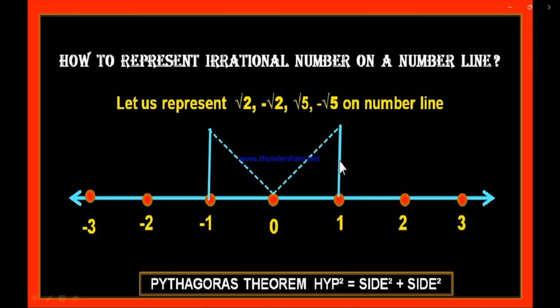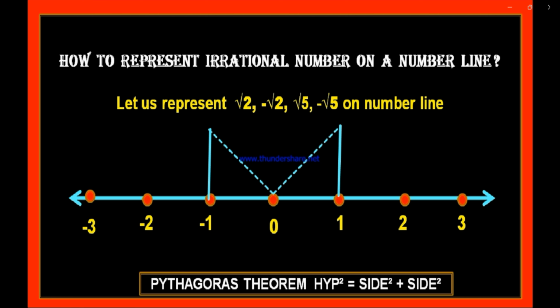This side is 1 unit and this side length is also 1 unit. Then what is the hypotenuse? Hypotenuse is equal to root of side square plus side square. That is root over 1 square plus 1 square. 1 square is 1, plus 1 square is 1. 1 plus 1 is 2, so root 2. Therefore, the length of this hypotenuse is root 2 units. Similarly, the length of this hypotenuse is also root 2 units.